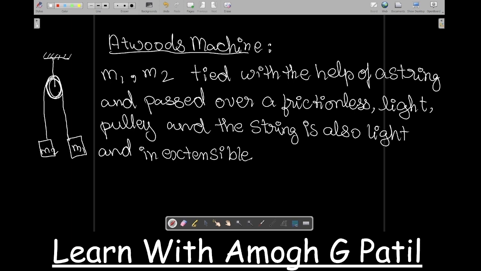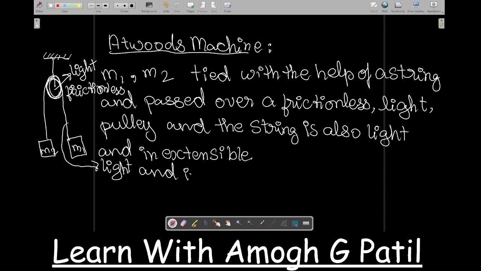So the pulley is light and frictionless, and the string is also light and inextensible.